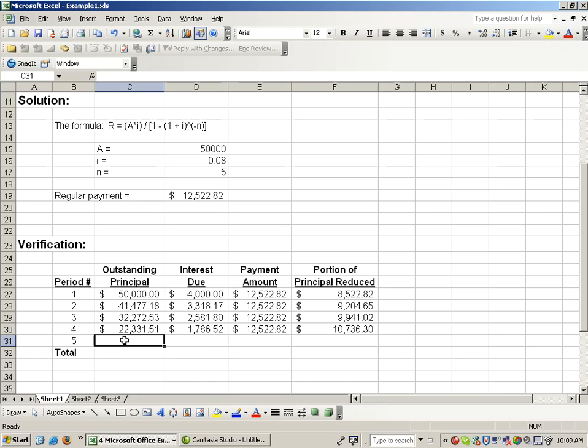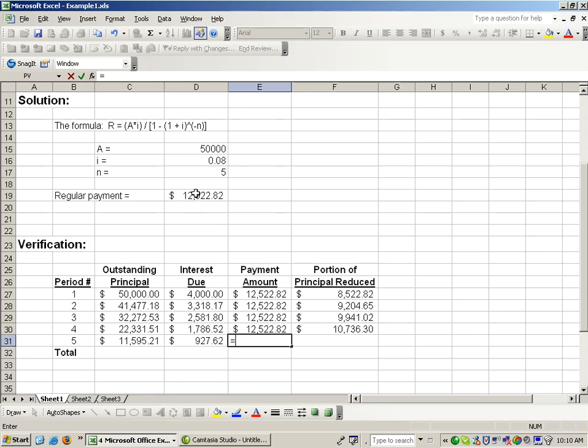We're going to see if we did everything okay. Okay, so this is the outstanding principal minus the portion of principal reduced. Okay, the interest due is the outstanding principal times 8%.